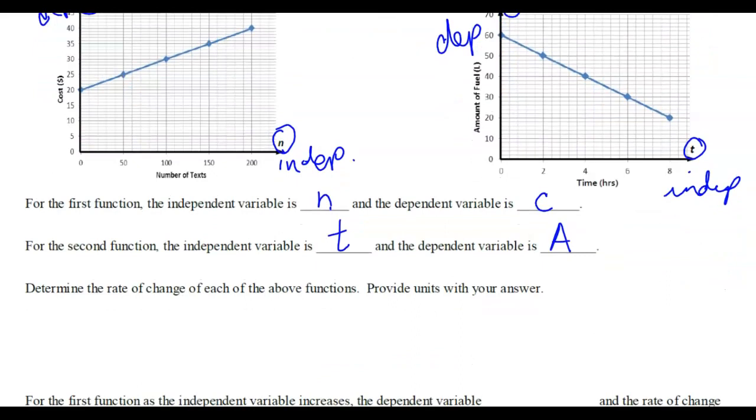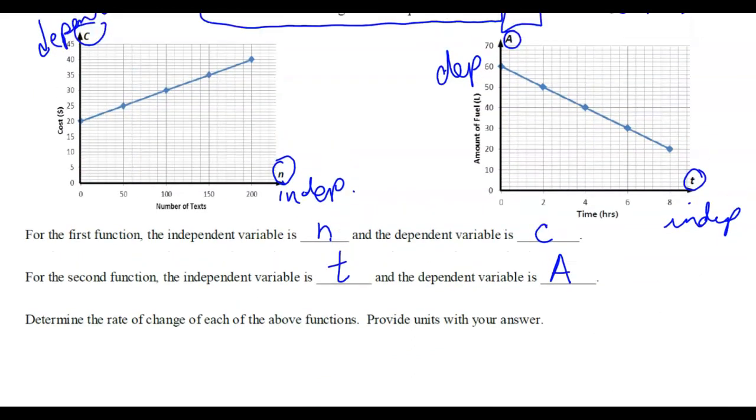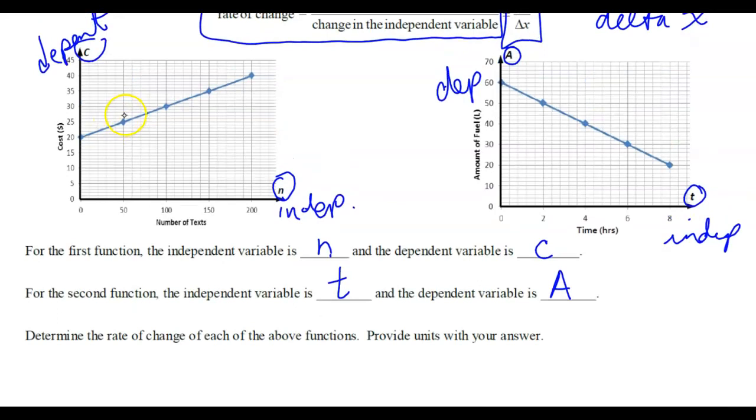Determine the rate of change of each of the above. Provide units with your answer. So this is a review from yesterday. I always chose the first two, starting from the leftmost or the vertical axis. And I looked to see the change in y here. So you have to look closely. I'm just going to erase that so you can probably see better.